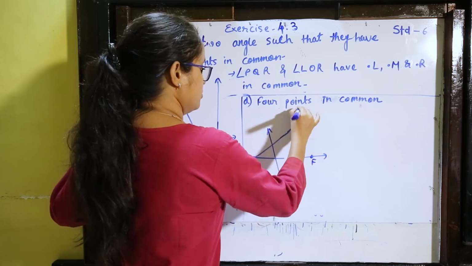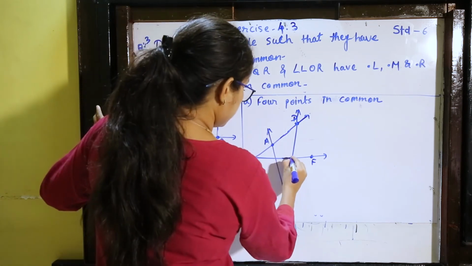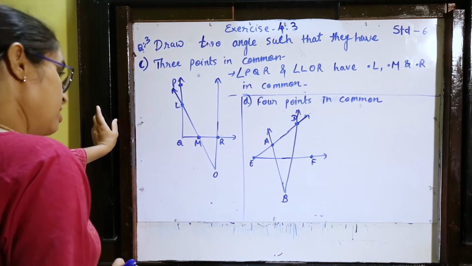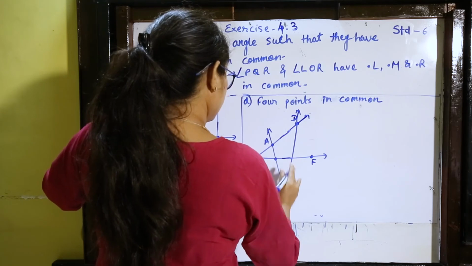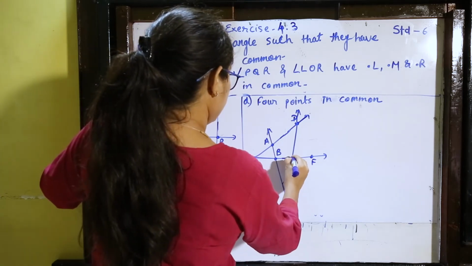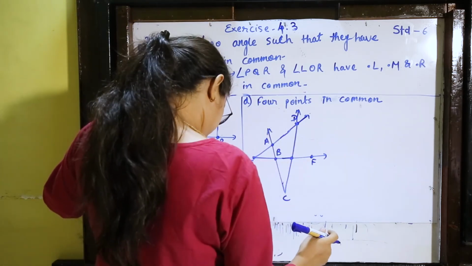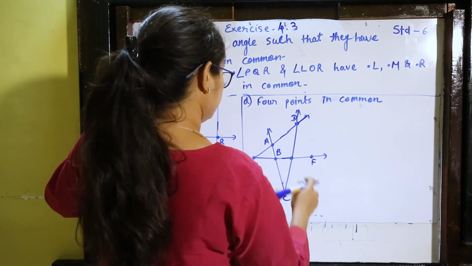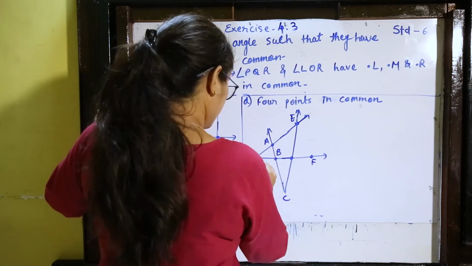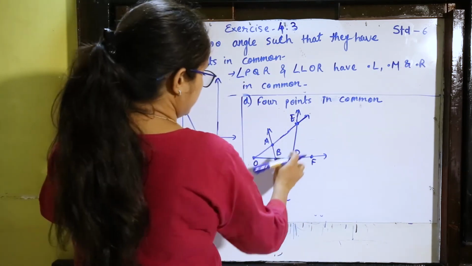Okay, so angle, now here let's put an A, right? Then here we put B. Okay, and I'm putting here B, I'm putting here C, and I'm putting here C. Don't draw right now, please. Do A B C, A B D E.